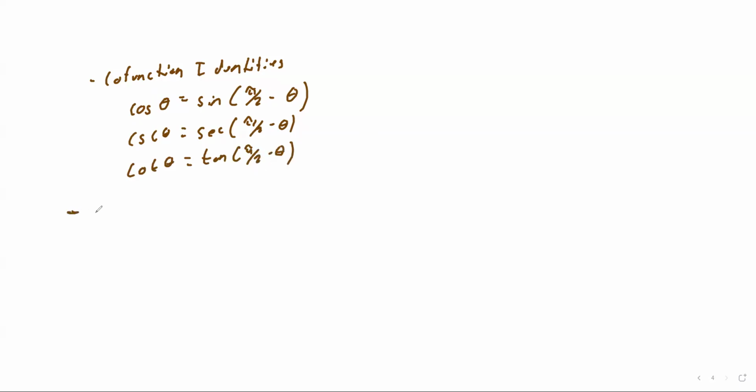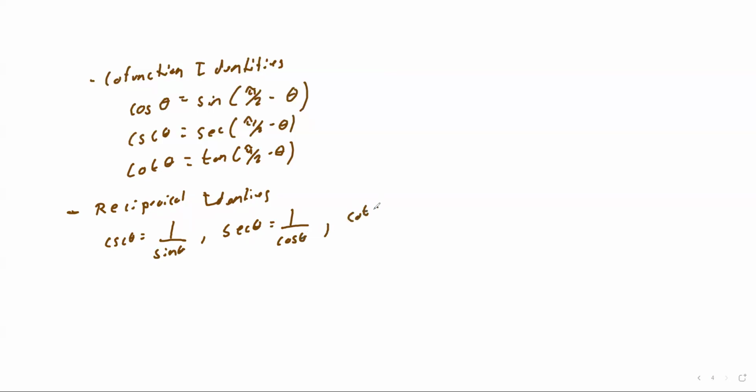You also have to know your reciprocal identities, which we've already talked about, I believe, in the 7.1, but cosecant of theta is the same thing as 1 over sine theta. Secant of theta is the same thing as 1 over cosine theta. And cotangent of theta is equal to 1 over tan theta.